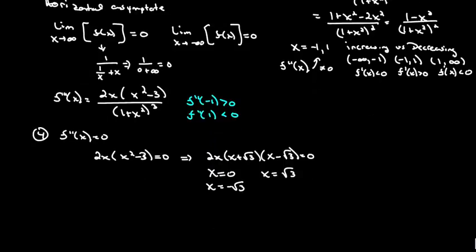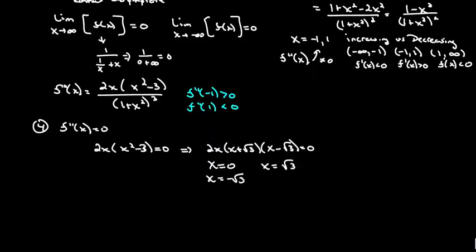But now we should look at f triple prime, okay, to see what's going on there. Okay, so f triple prime, it's a long mess what f triple prime is going to be. Okay, so maybe we don't actually have to take a look at that.